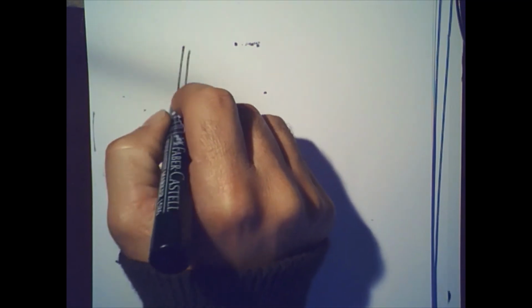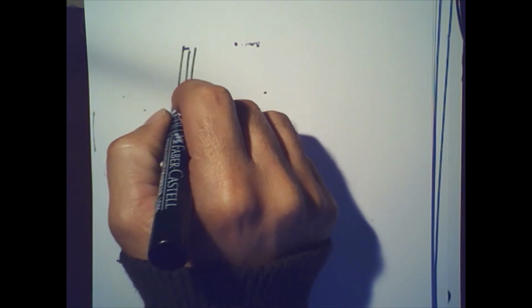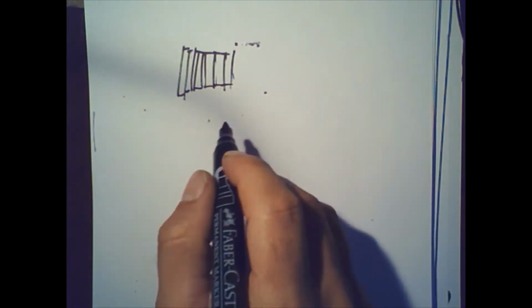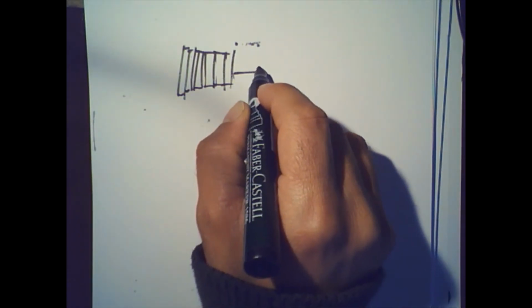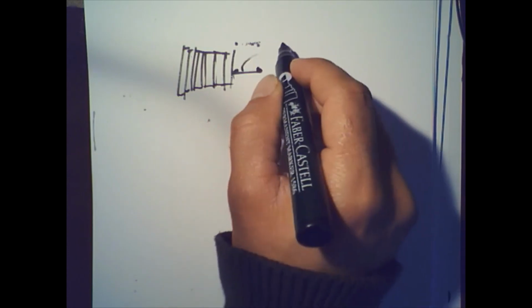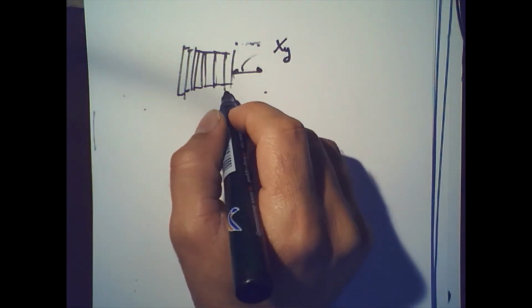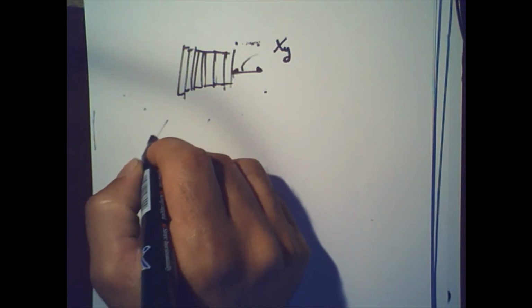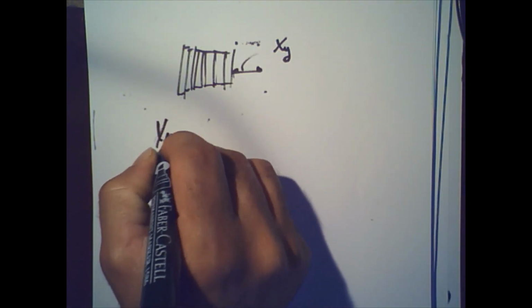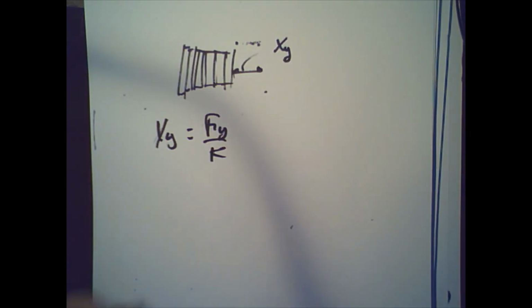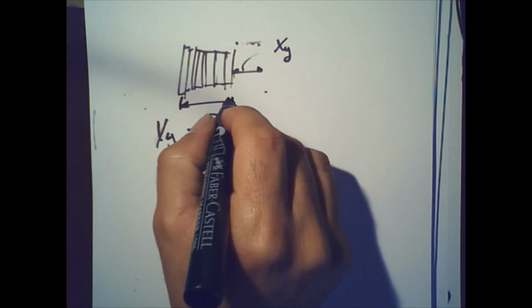Last thing is to find the free length of the spring, and like I mentioned earlier, the solid length of the spring is when it is fully tight, and we also find how much distance basically is the yield distance, right? And this is a distance that we got from xy, equal to Fy over K, right? And that was our LS.